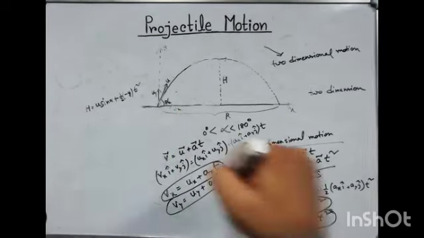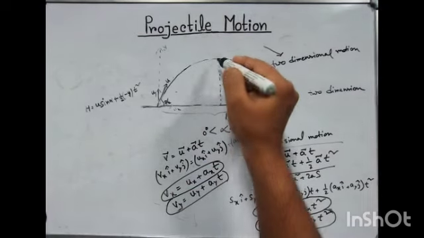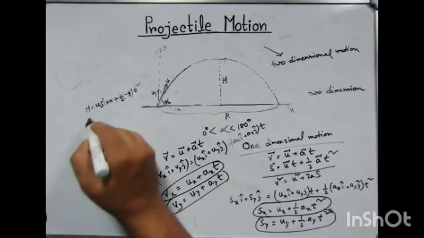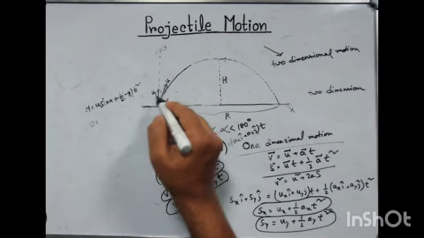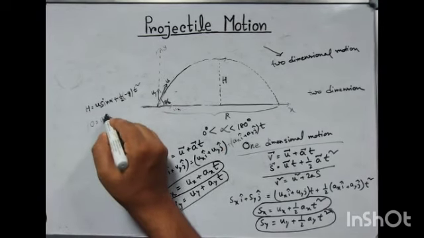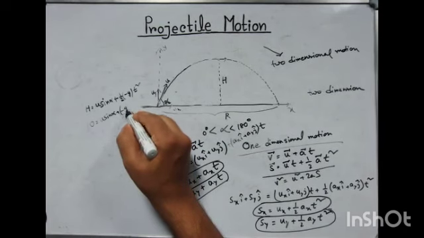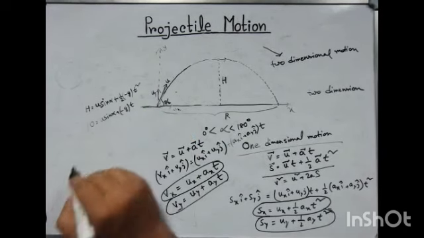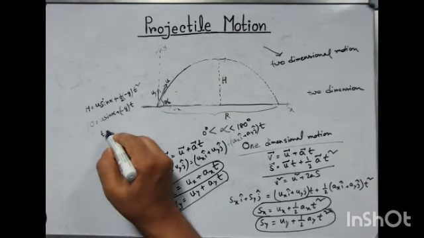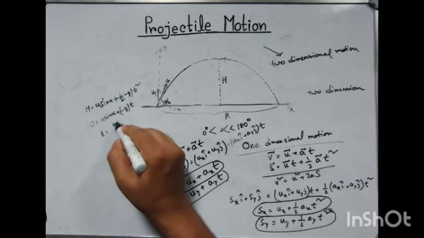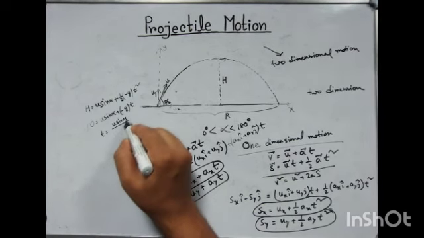Then Vy at this point should be 0, so Vy equal to 0. Vy is u sin alpha plus ay t, and ay is minus g, so Vy is u sin alpha minus g t. So from this I can find t equal to u sin alpha by g.